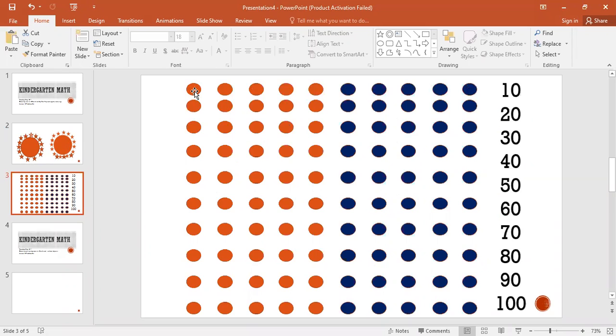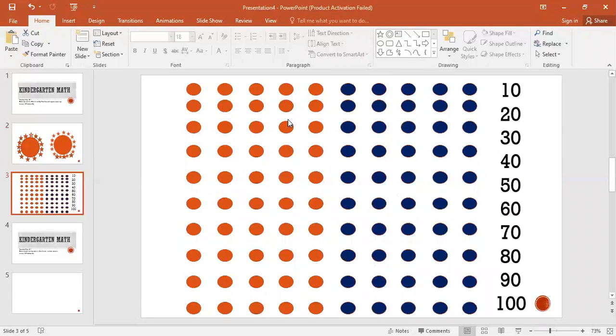You ready? 1, 2, 3, 4, 5, 6, 7, 8, 9, 10. How do we think 10 is broken up? Good, in 5 and 5, because I have 5 red circles and 5 blue circles. Great job, guys. Guys, I need to count all of these circles.